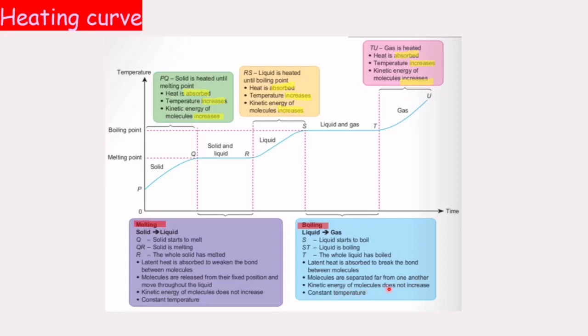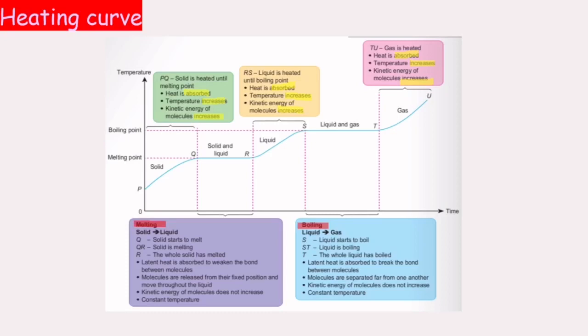Kinetic energy of molecules does not increase as the heat is not absorbed, and the temperature remains constant. After boiling, we come to TU. At TU, gas is heated, heat is absorbed, temperature increases, and kinetic energy of molecules also increases. That's all for the heating curve.